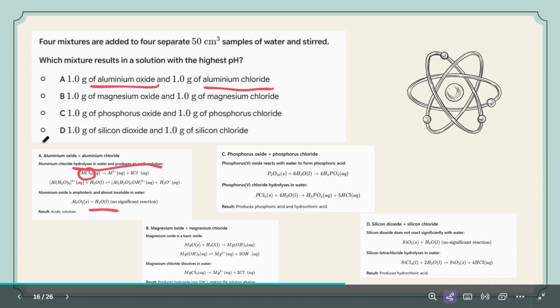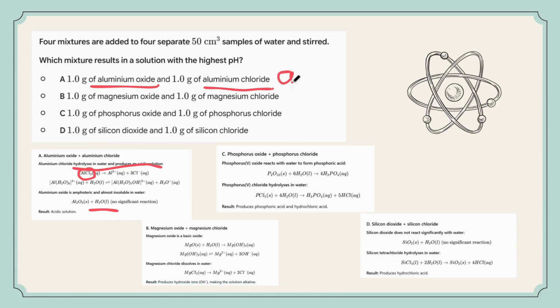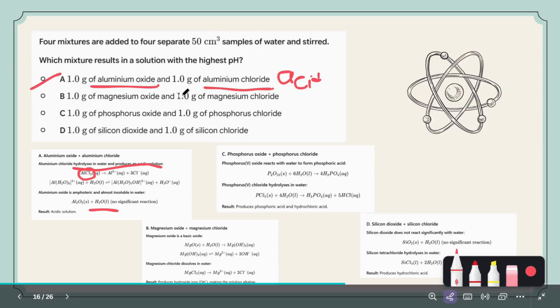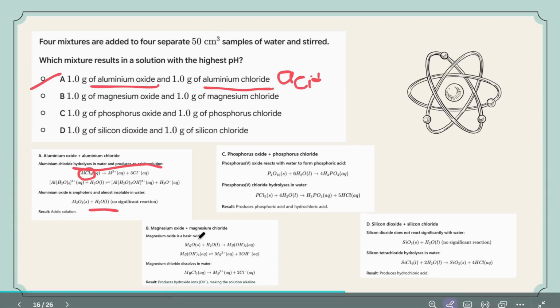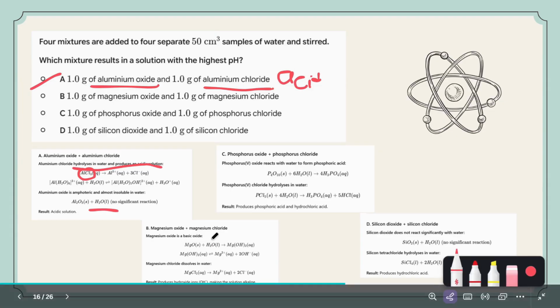So this mixture results in an acidic solution, which is low pH. The next is B, magnesium oxide and 1 gram of magnesium chloride. Here we have magnesium oxide with H2O.